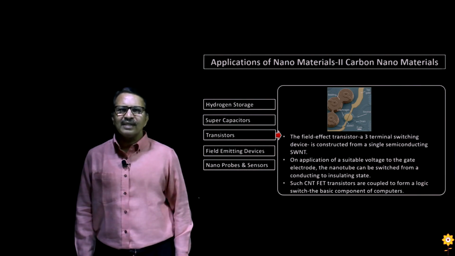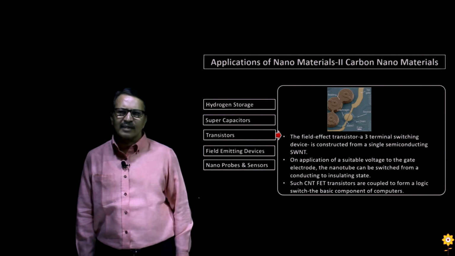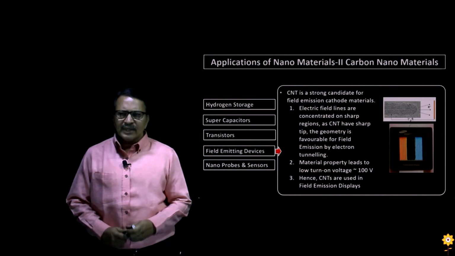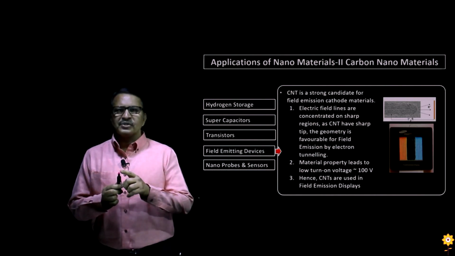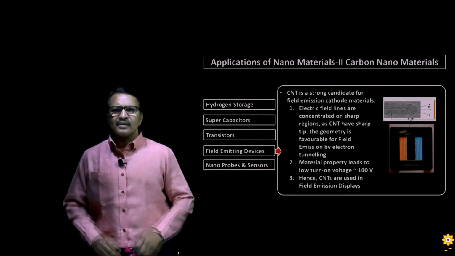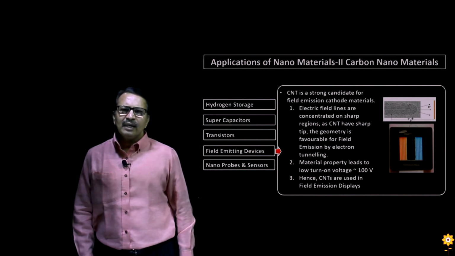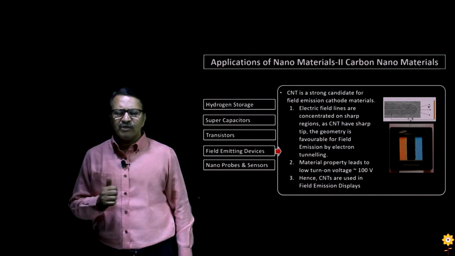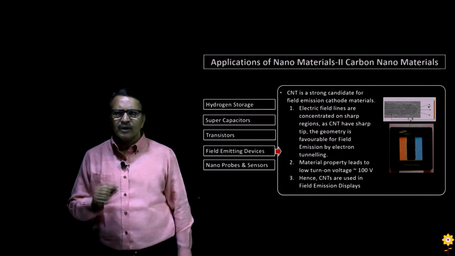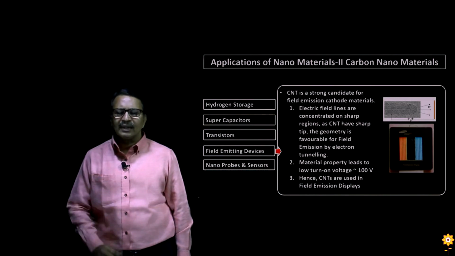We now move to the next application of carbon nanotubes, and that is field emitting devices. We know that the electric lines are concentrated at sharp edges, that is the tips. We have this kind of sharp edges in carbon nanotubes, and such a situation is favorable for field emission of electrons using the concept of electron tunneling.